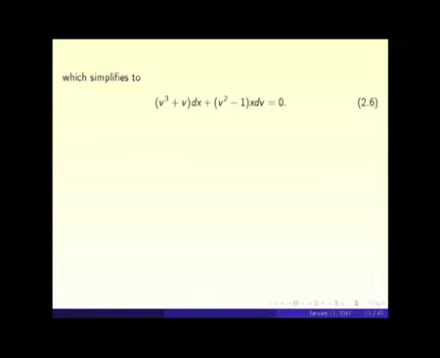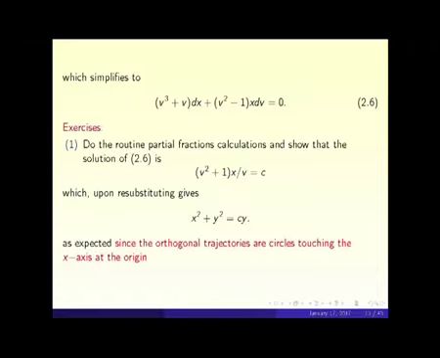Simply divide by v cubed plus v, simply divide by x. What do you get? You get dx upon x plus (v squared minus 1) upon (v cubed plus v) dv equal to 0. So it's a very easy matter to solve this differential equation by employing partial fractions. You know how to do that, so I leave it as the first exercise.